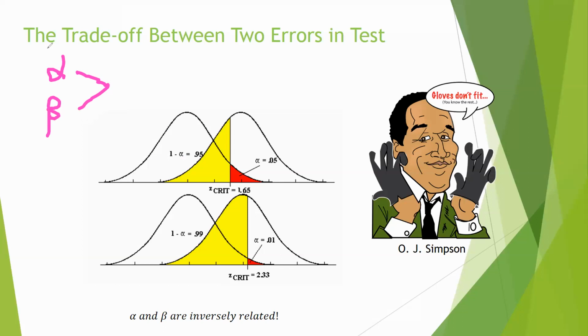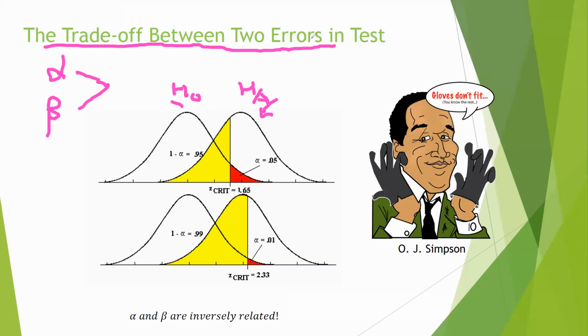We're going to show you there's a trade-off between these two types of errors. Still, we have two hypotheses, right? We have two distributions: a null distribution and an alternative distribution.